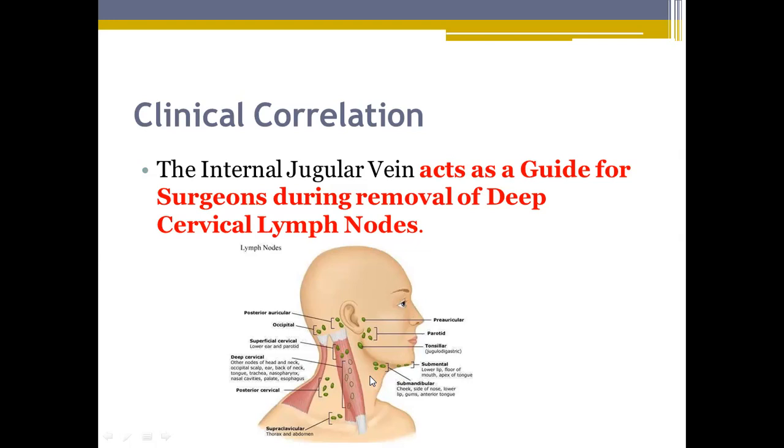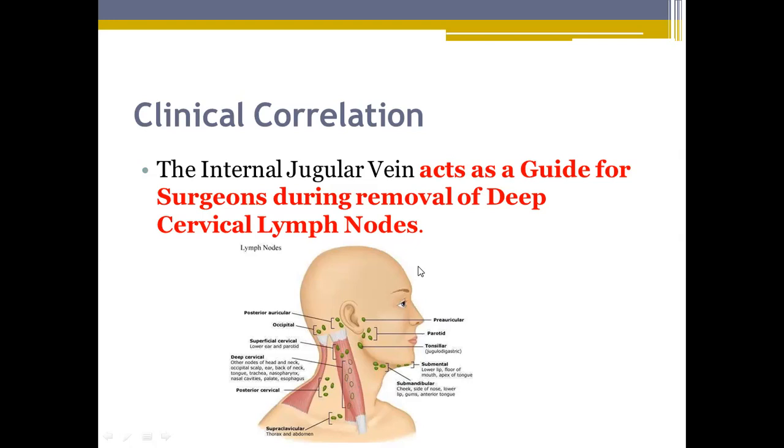So in the treatment of malignancies, the surgeon often has to remove these lymph nodes. Enlarged lymph nodes become adherent to the internal jugular vein, and it is sometimes necessary for the surgeon to remove a segment of vein along with the lymph nodes. So that's why the internal jugular vein acts as a guide for the surgeons during removal of deep cervical lymph nodes.